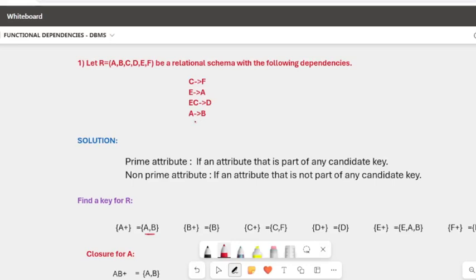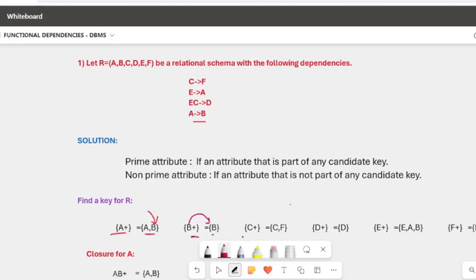Then A derives B, so B is added. Then check whether AB derives anything, nothing, so the closure of A is AB. Next, the closure of B+: first the attribute itself, B, and B derives nothing, so one and only B.